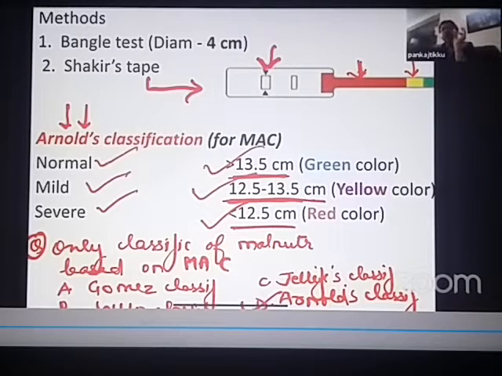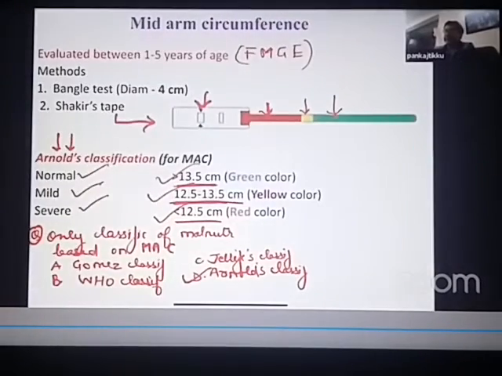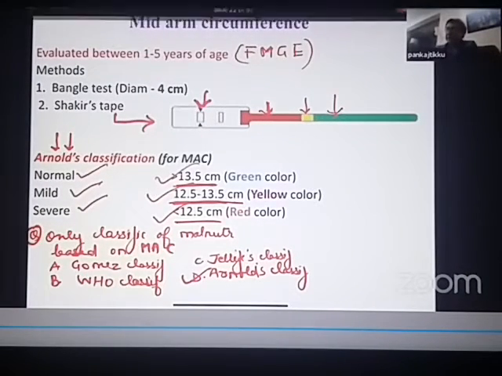So any child who has a mid-arm circumference of less than 12.5 centimeters will be considered to be having severe malnutrition. Between 12.5 to 13.5 will be considered to be having mild malnutrition. Any child who has a mid-arm circumference of more than 13.5 will be considered as normal.